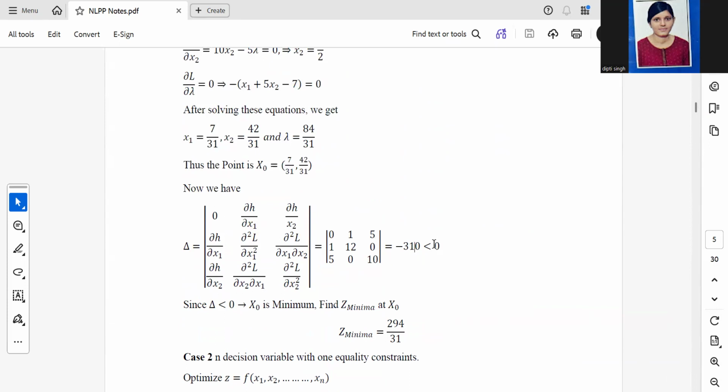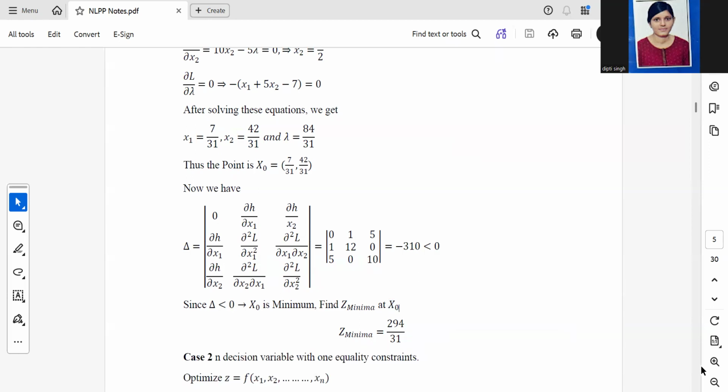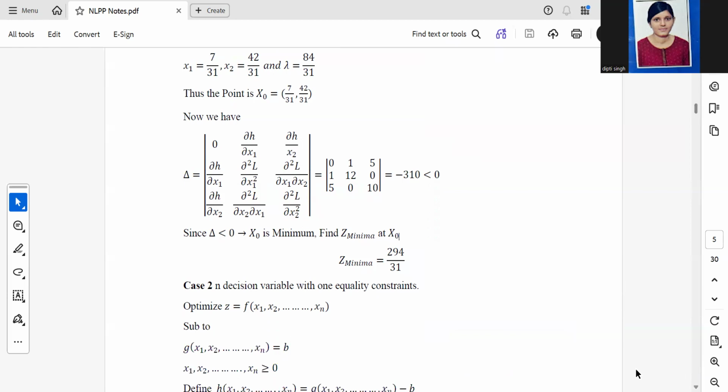Since this is less than 0, x naught is a minimum. So z minimum will be this one. Then put the values of x1 and x2 at x naught here, and we got this. Any doubt?